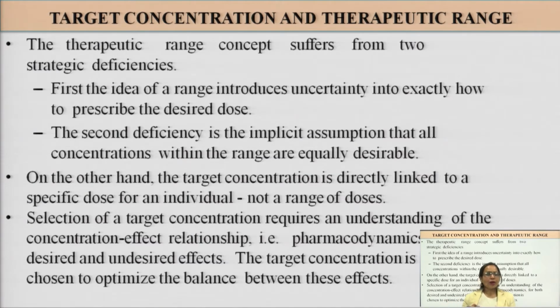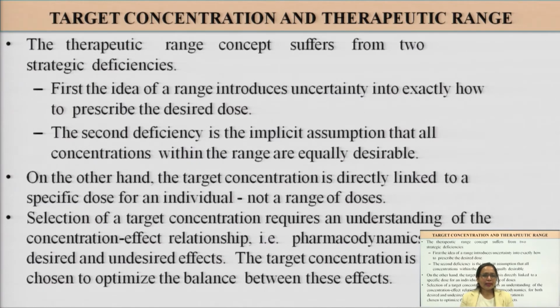Selection of a target concentration requires an understanding of the concentration effect relationship, that is, the pharmacodynamics of desired and undesired effects. We need to analyze the desired and undesired effects.